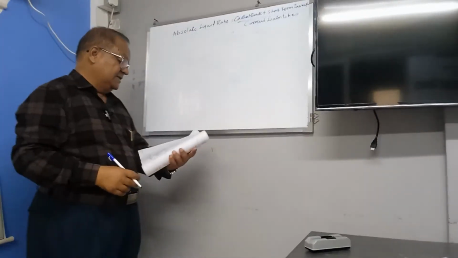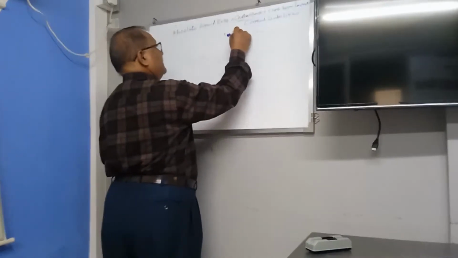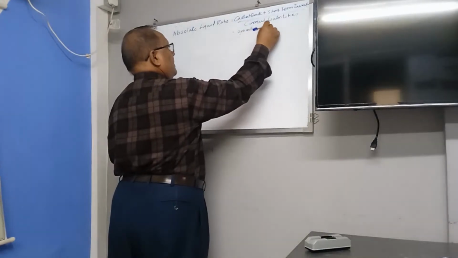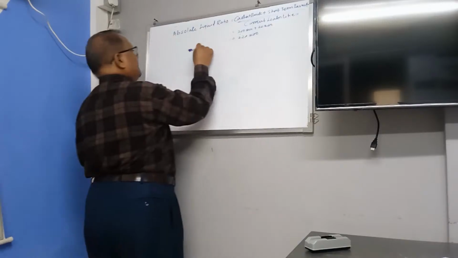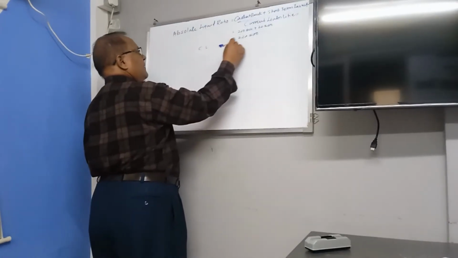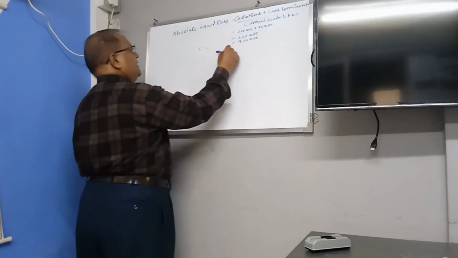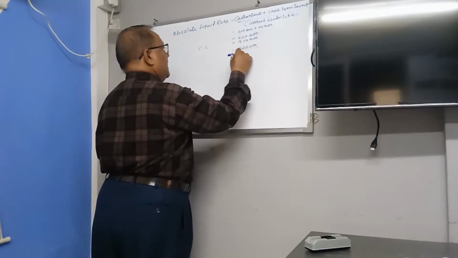So cash at bank is given to you as 2 lakh and short term investment is 20,000. 2 lakh plus 20,000 is 2,20,000. Then current liability, which is already given to us, is 4 lakh. Then you have to write down the ratio here: 2,20,000 divided by 4 lakh.